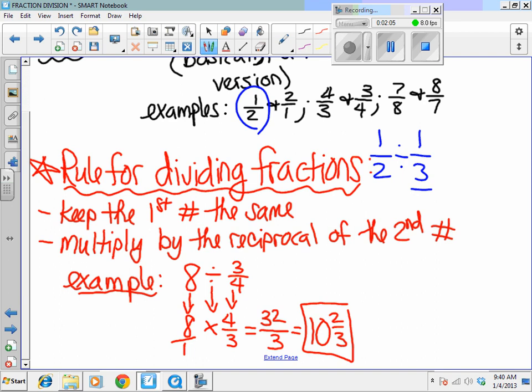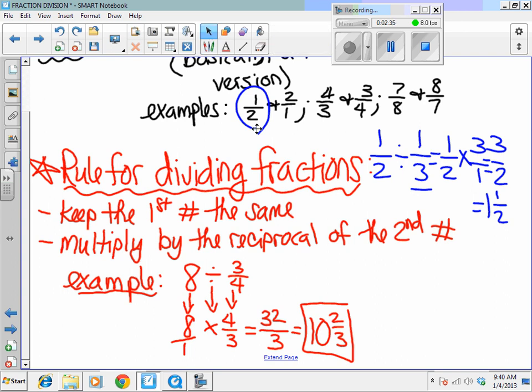Okay? You're going to take 1/2 and multiply it times the reciprocal, or the opposite, of the divisor. Follow your rules for multiplication. In this case, you'll get 3 halves, which reduces to 1 and 1/2.